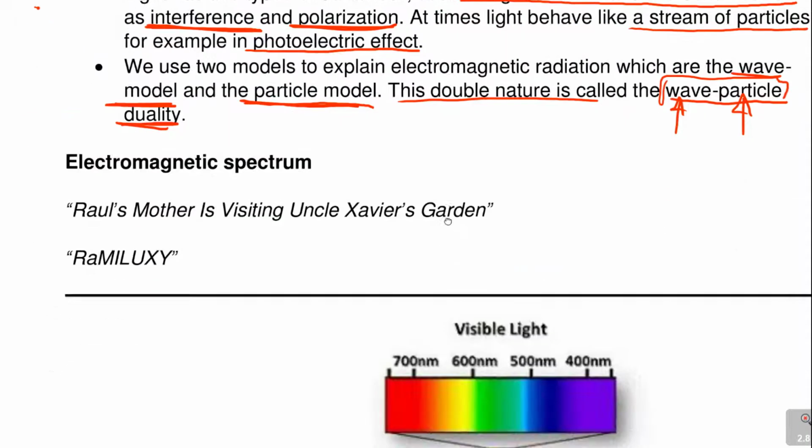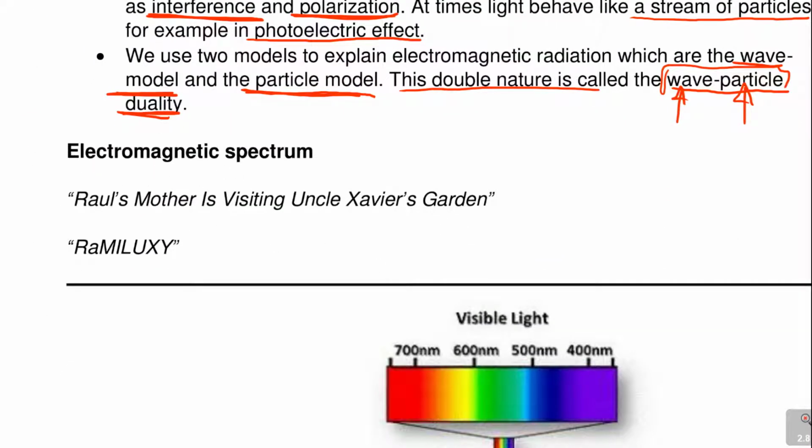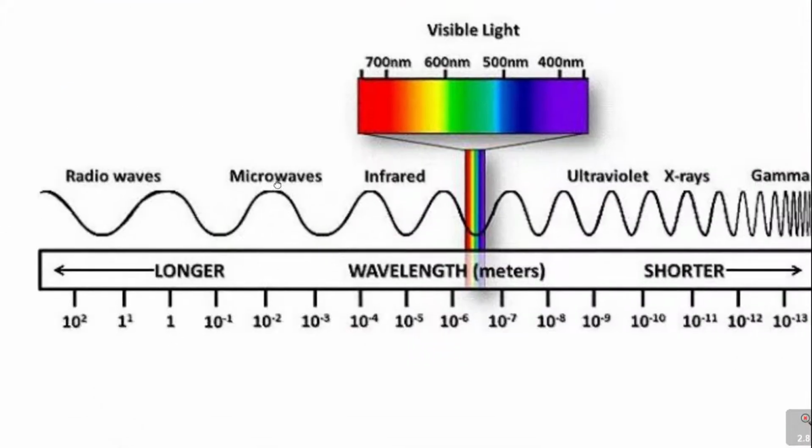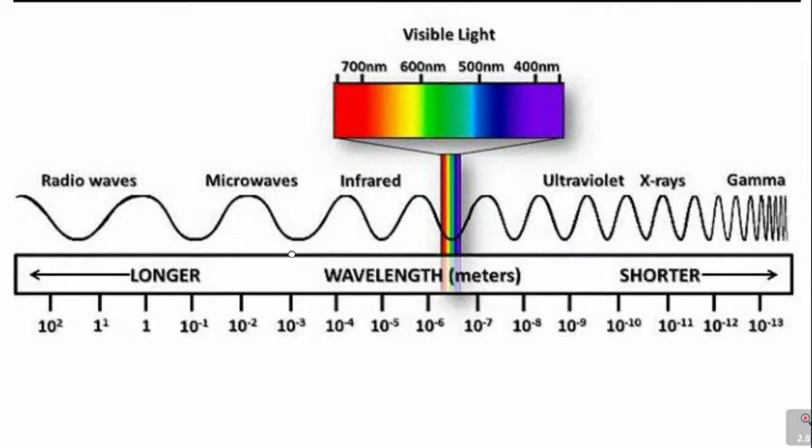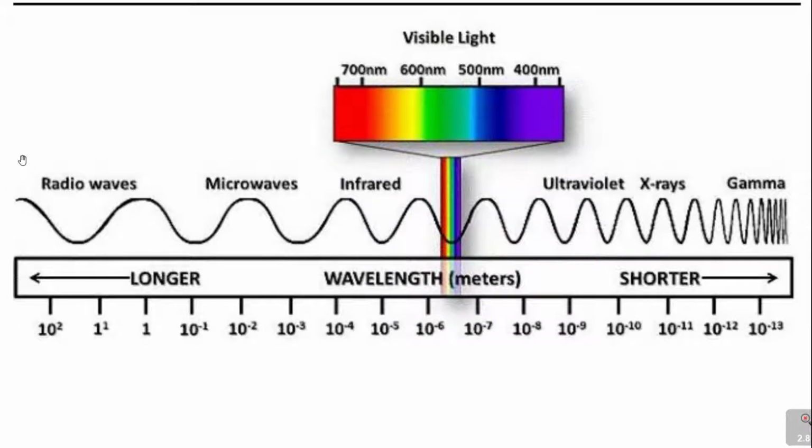Now the next important one is the electromagnetic spectrum. They will expect you to know the arrangement of the electromagnetic waves in order of increasing frequency, or in order of decreasing wavelength. Look at it, this is the arrangement, and in here you can see that frequency is increasing in this direction.